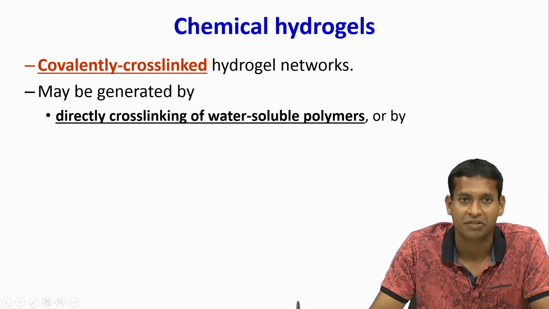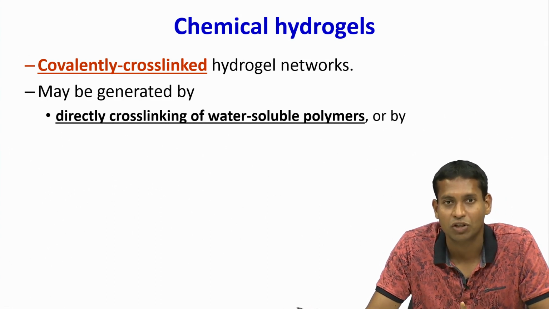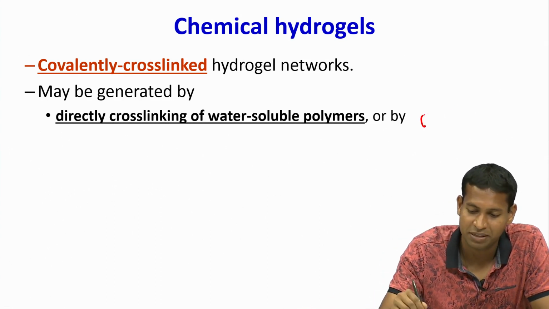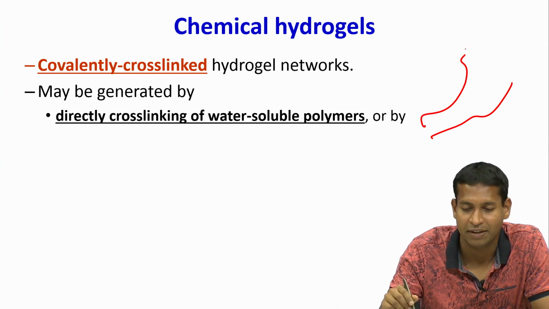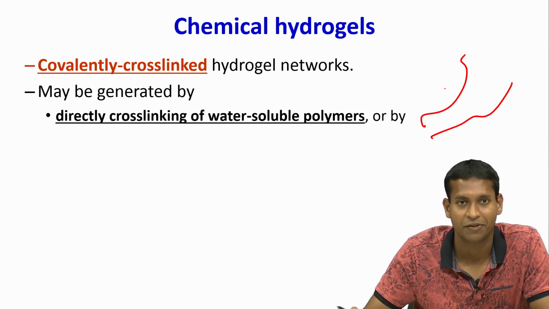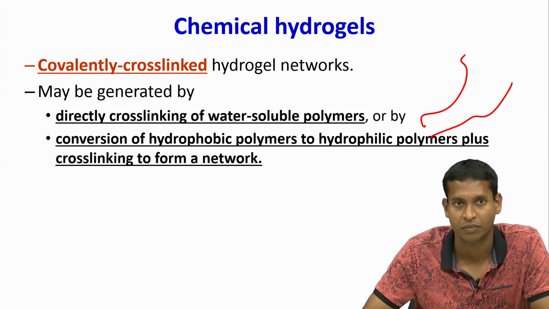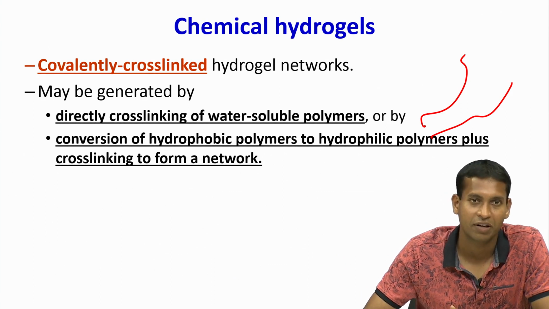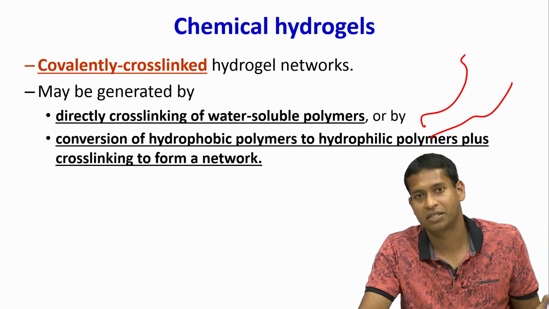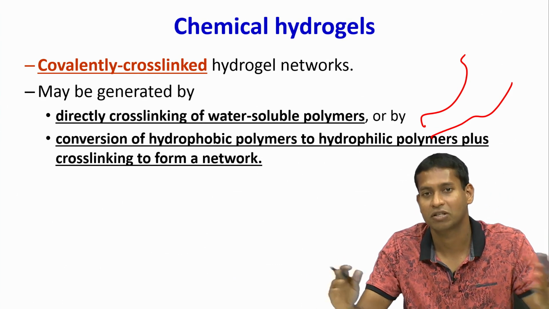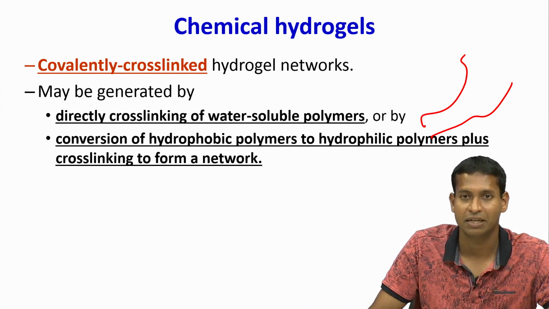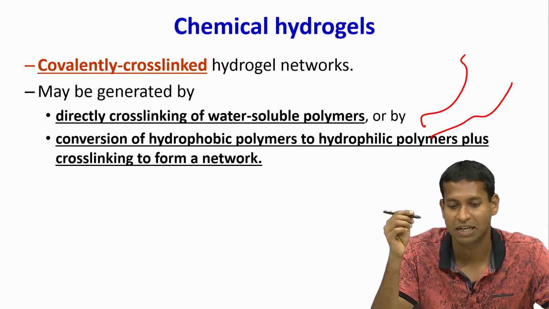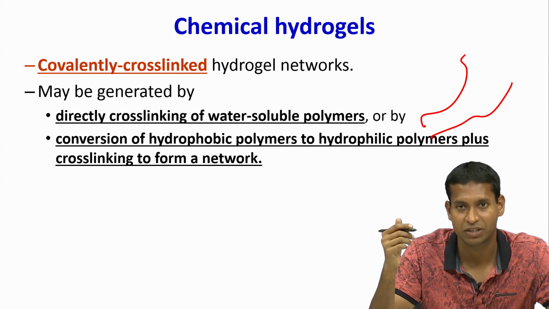These could be generated by directly cross linking of the water soluble polymers. So, you can have polymers that have several functional groups on them and they are water soluble, and you can directly cross link them, or you can have conversion of some hydrophobic polymers to hydrophilic polymers and then cross linking. The example I gave you in the last class was PEG-PLA-PEG, where PLA was a hydrophobic polymer.